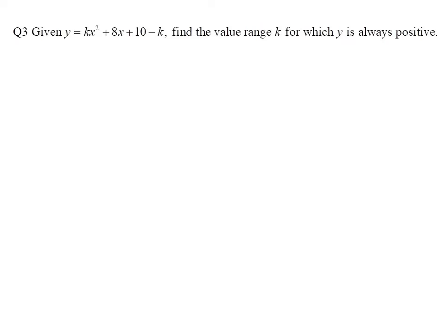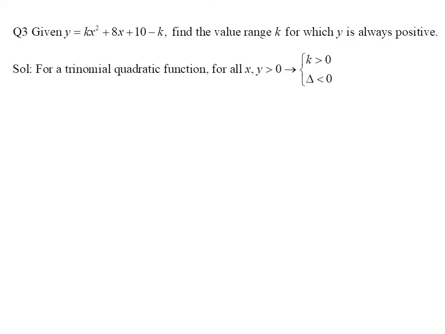So in this example, in order to satisfy the criterion that y always stays in the positive range, it must satisfy two conditions. The first one is that the coefficient of the quadratic term is greater than 0. The second one is that its discriminant must be less than 0, which means that the graph is upright but does not touch the x-axis.